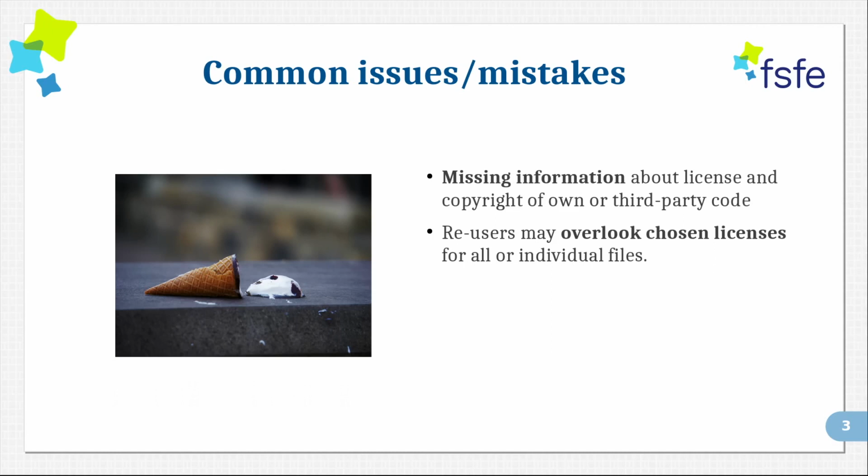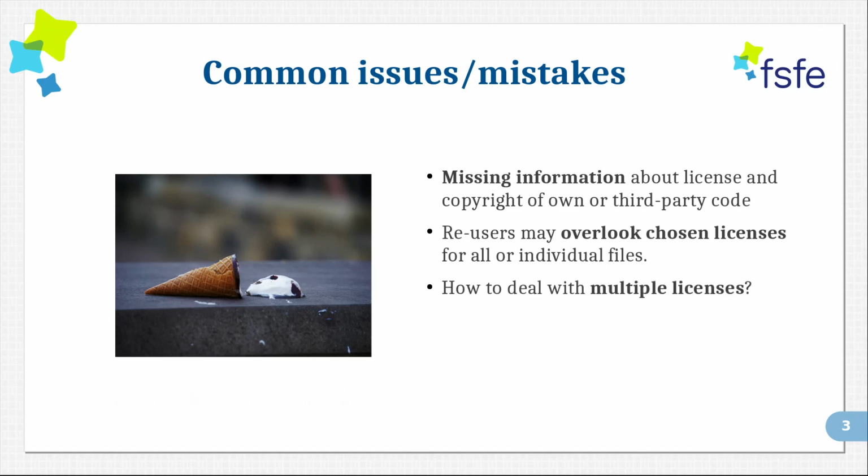And then this is connected to this other issue, that reusers of the code may overlook these chosen licenses for all or for some individual files in your project. And we know that the terms under which your software is released are defined by the licenses. So this legal information is quite important, and overlooking this information might become a little bit problematic.